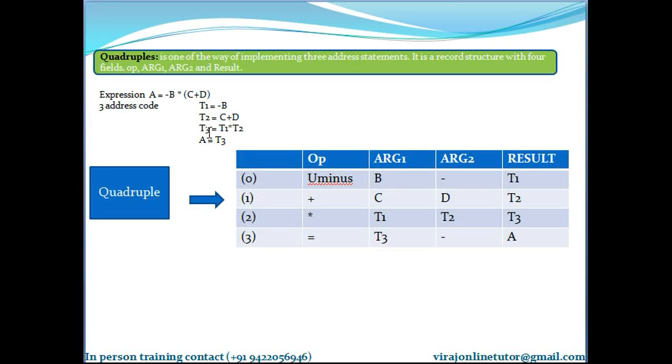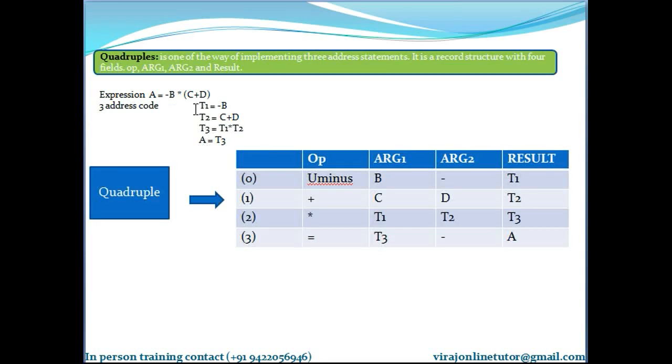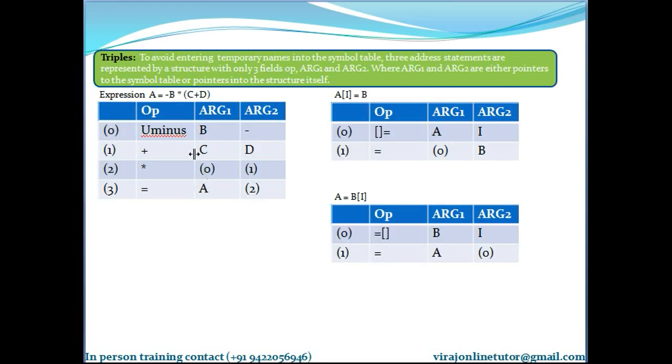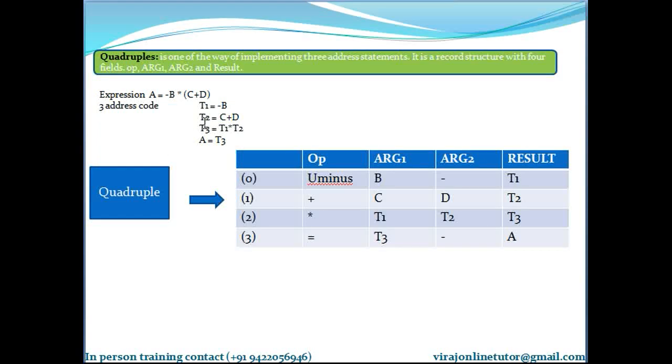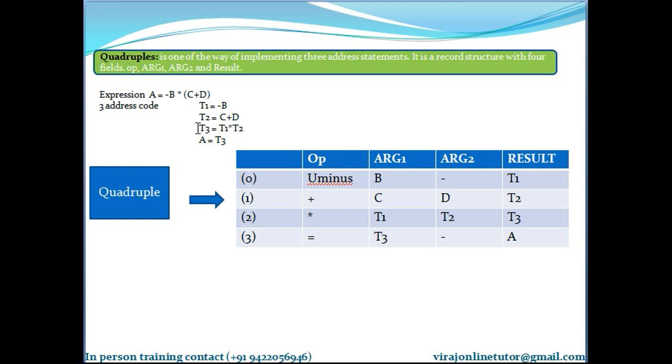Next is T1 into T2, which I put into T3. What is T1? T1 is represented by this 0. T1 was minus of B, right? What is T2? C plus D. So T2 is represented by 1. Now in the next statement, I need to multiply T1 and T2.